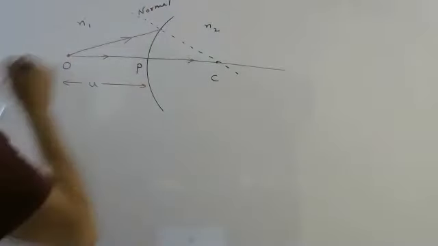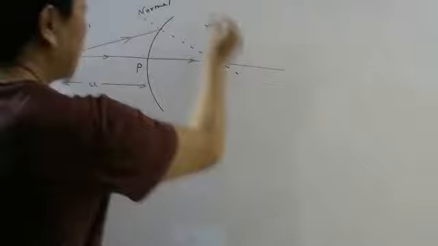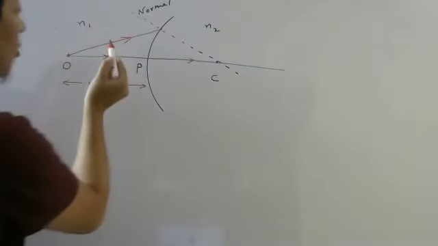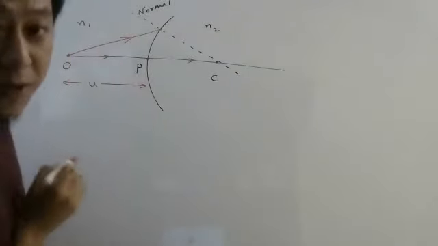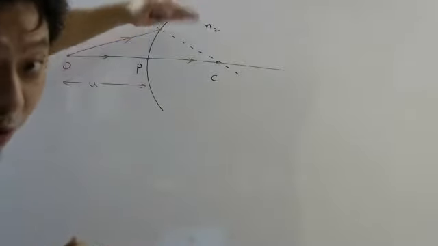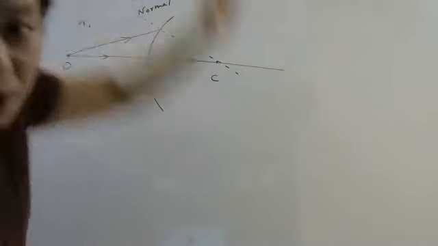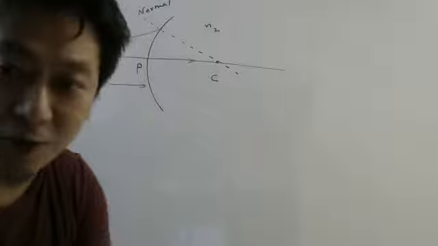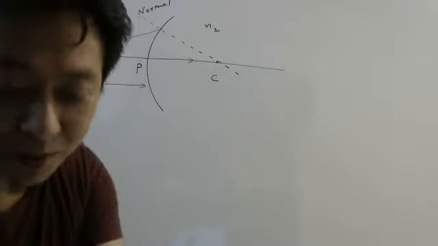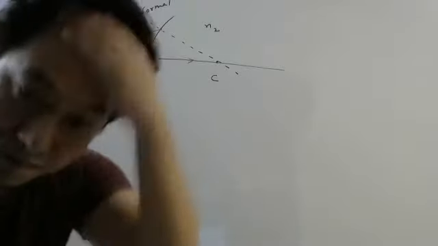Now let us say this is the rarer medium, this is the denser medium. Then your light is going from rarer medium to denser medium. So it should bend towards the normal or away from the normal? Last class, try to remember. Rarer to denser means towards the normal or away?